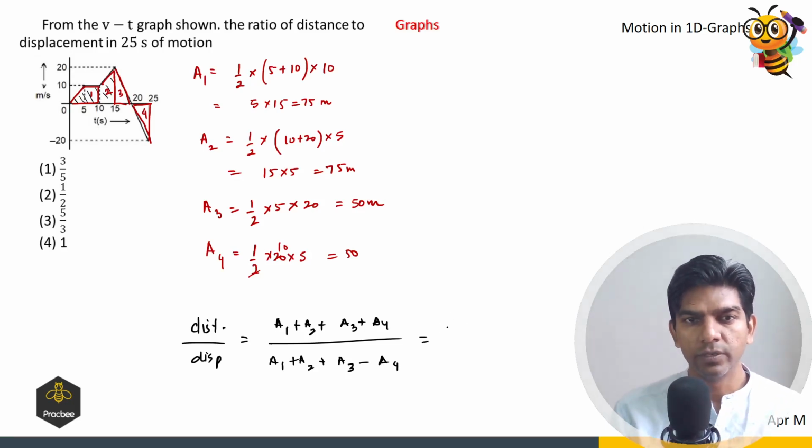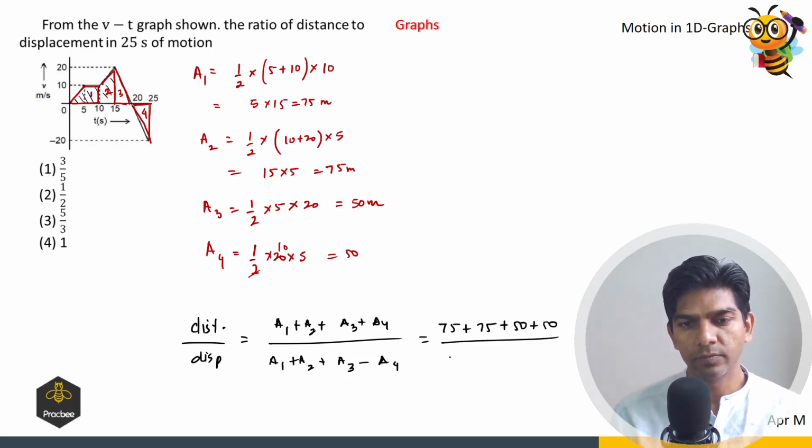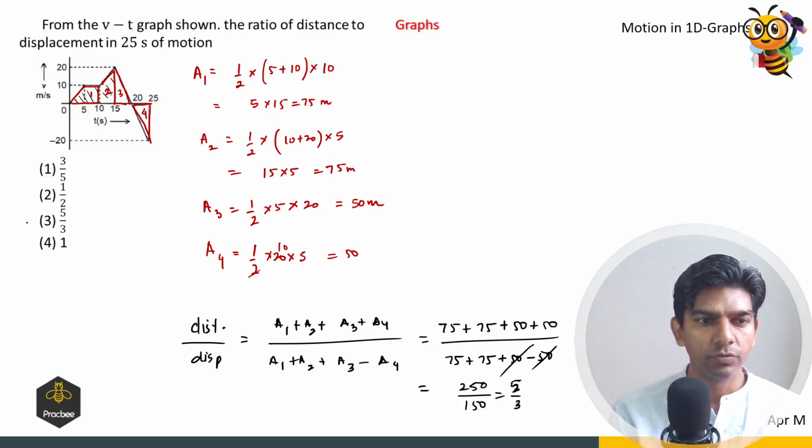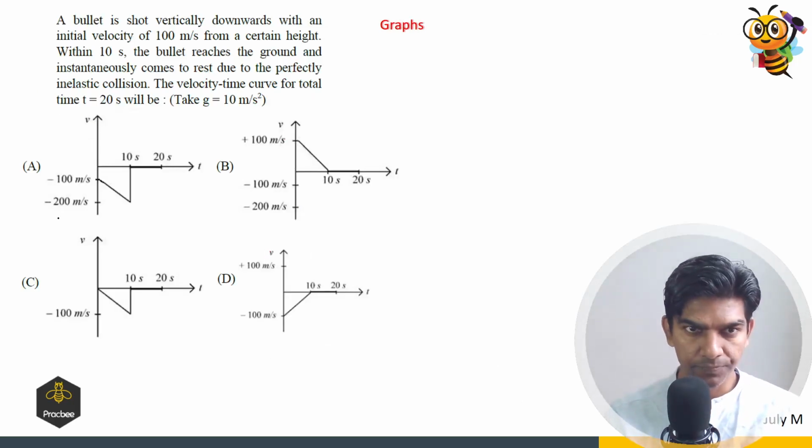So it comes out to be 75 plus 75 plus 50 plus 50 divided by 75 plus 75 plus 50 minus 50. So that will get cancelled out. In the numerator we have 250, and in the denominator we have 150. So that will be 5 by 3. So 5:3 should be the answer. Option 3 is the right answer.